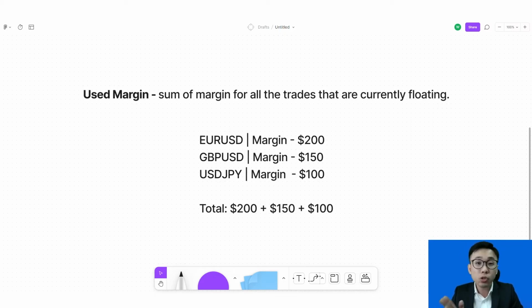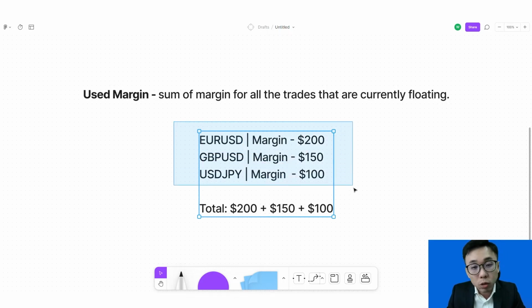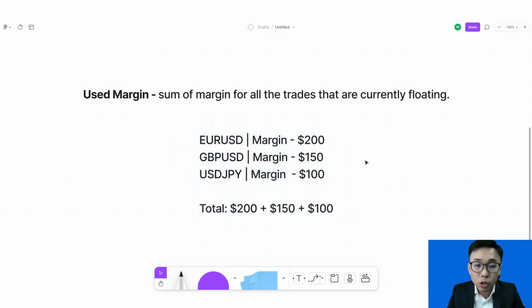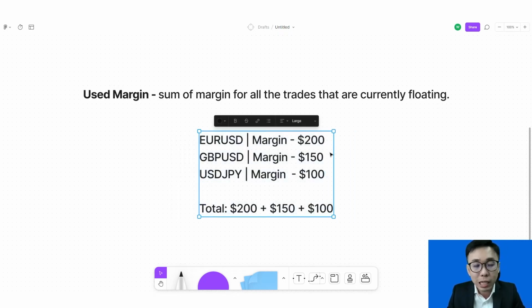Now, the calculation is pretty simple. All we need to do is to sum up the margin that has been incurred for each trade, and there you have it, use margin. So right here we have this example whereby I have opened 3 positions: EUR USD, GBP USD, and USD JPY. And the margin that's being incurred for each is being listed here.